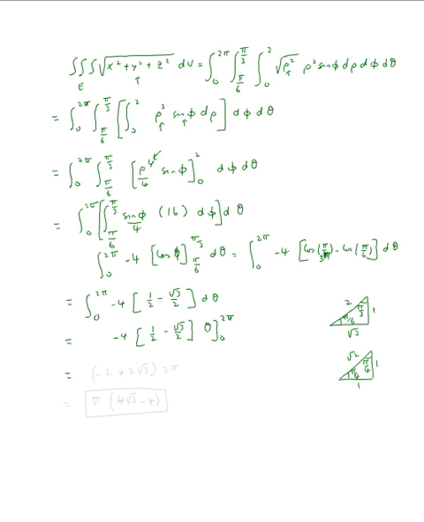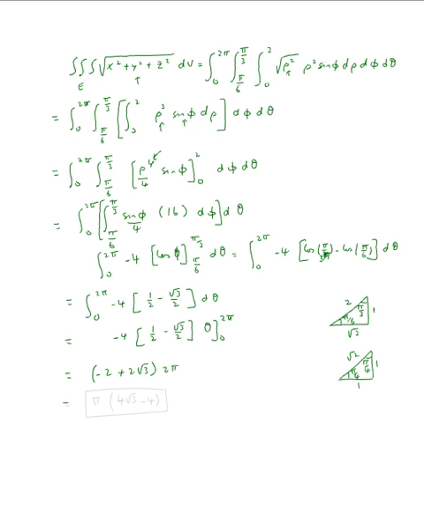Now I'm going to distribute negative 4. Negative 4 over 2 is minus 2, plus 4 over 2 is 2 square root of 3, and then I want this to be 2 pi. 2 pi minus 0 is just 2 pi.